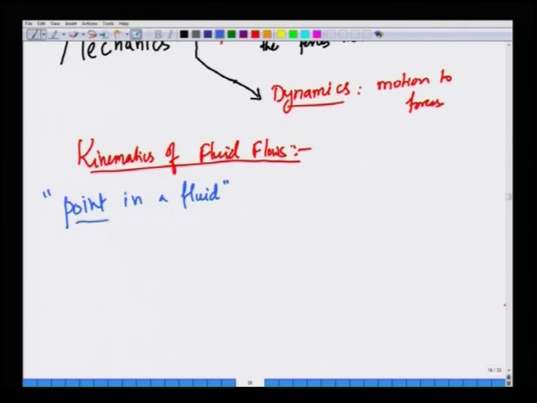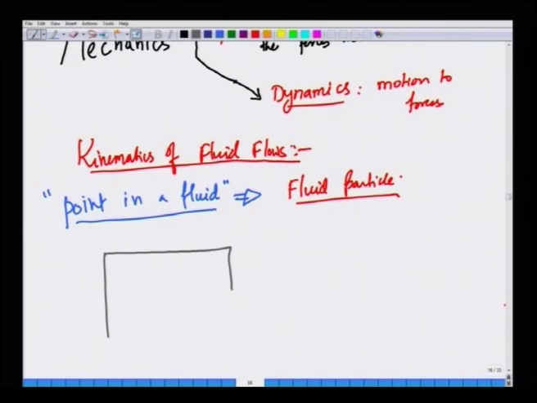So, in this context, the notion of what is called a hypothetical fluid particle helps in the continuum picture. What is a fluid particle? Well, imagine you have a box containing a liquid like water, and it is stationary initially.